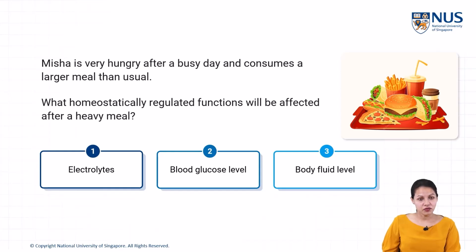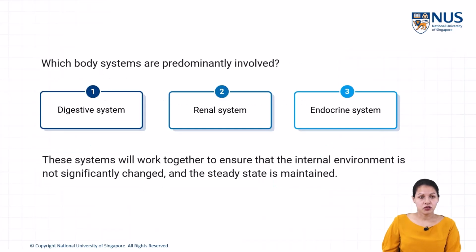So, the electrolytes will be deranged, and blood sugar will be deranged, and the body fluid levels will be affected. So, what body systems are predominantly involved? The digestive system, renal system, and endocrine system. So these systems will work together to ensure that the internal environment is not significantly changed and the steady state is maintained.